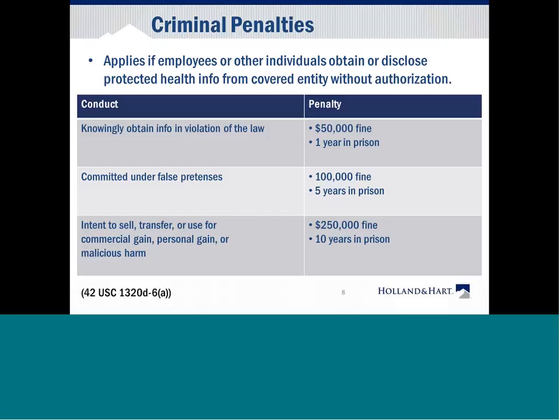I bring this up in this context because in addition to potentially scaring you, you can use it to scare other parties. For example, if you've got a situation where an employee is violating HIPAA or information has gone to another person improperly, I will usually contact that person or send them a letter and let them know that they got this information improperly.